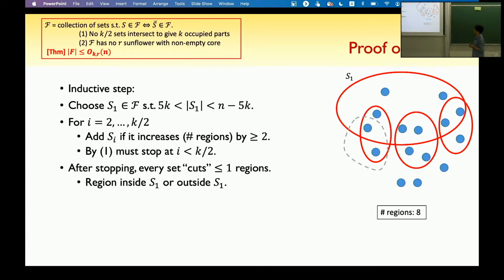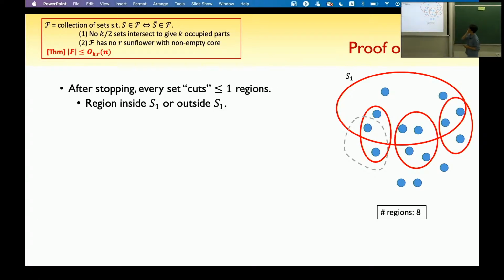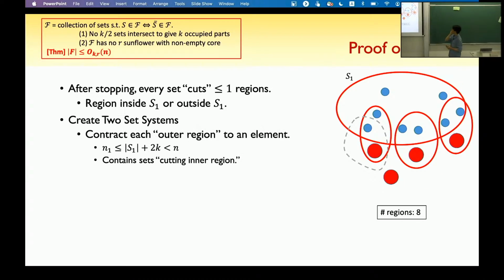So we can classify all the sets into two categories, and from this classification we're going to construct two new set systems. The first set system contains all the sets cutting an inner region, sets like this. On top of this, I'm going to contract each outer region to an element.